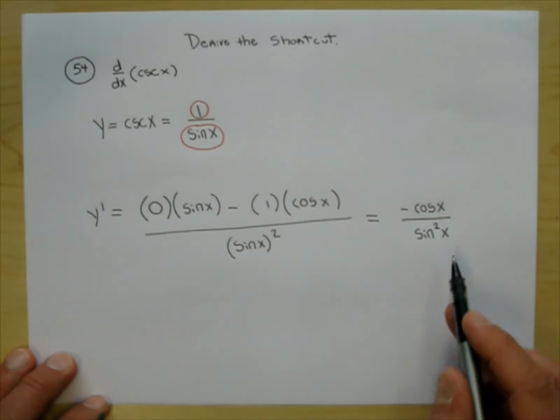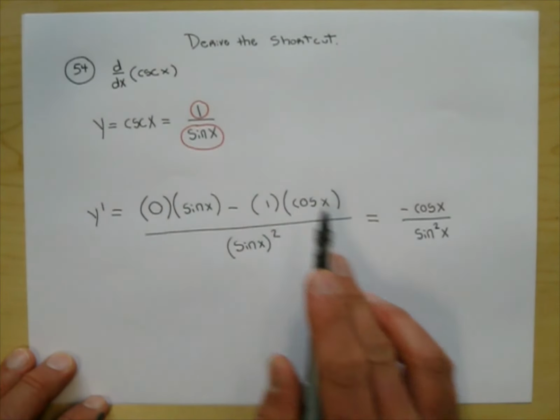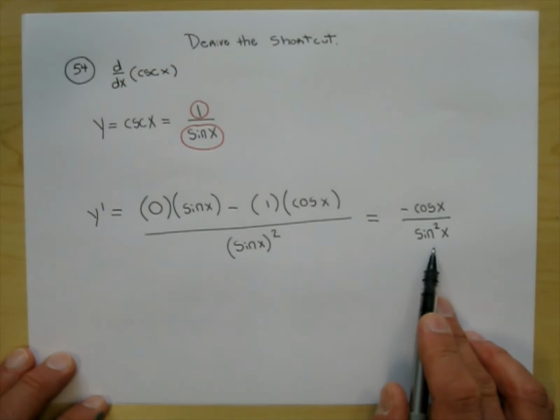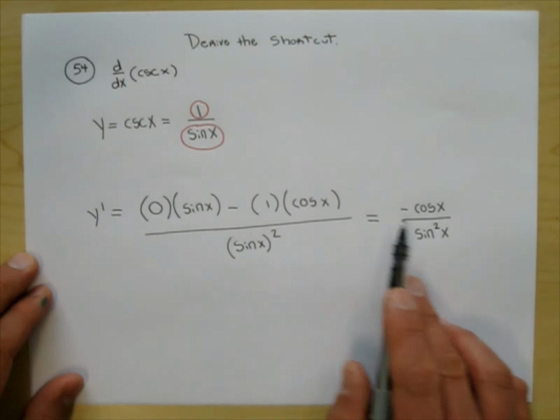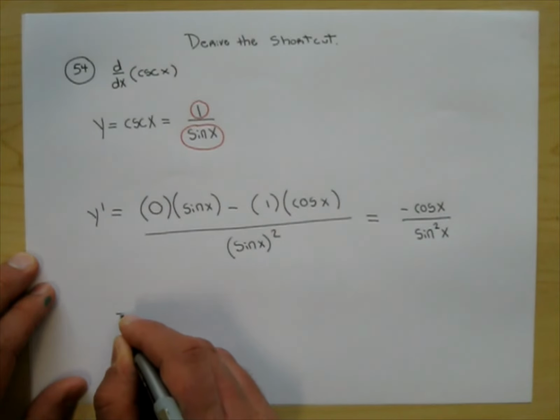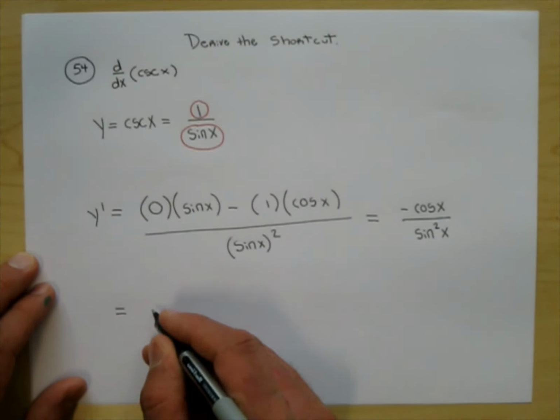So it seems like we've got the derivative of the cosecant. But we want to derive the shortcut, which is the derivative of the cosecant is negative cosecant cotangent. How am I going to do this? Well, I'm going to continue. The rest is just some trig.